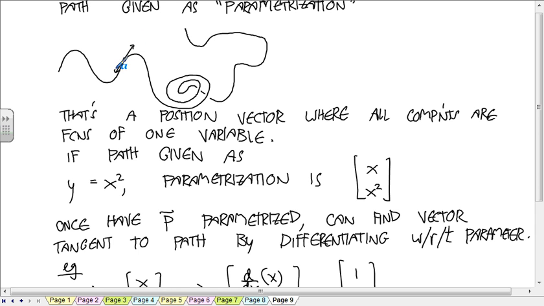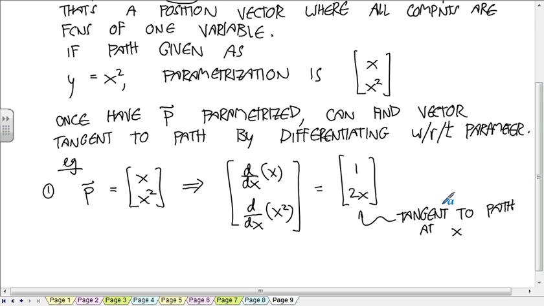So which one do we want? Well, you just need to know that doing this gives you a vector that's tangent to the path in the direction of the increasing parameter. So this gives us a vector that's tangent to the curve in the direction of x increasing.